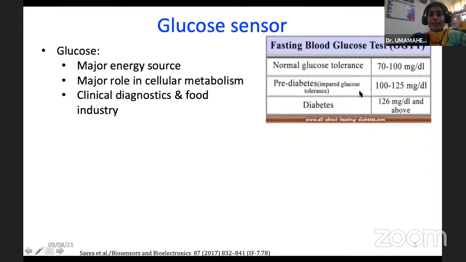It varies depending upon our food intake and physical exercise. Normal fasting blood glucose is said to be below 100 milligrams per deciliter. If we are pre-diabetic, then it should be between 100 to 125, but any value above 125 milligrams per deciliter is considered to be a diabetic individual.